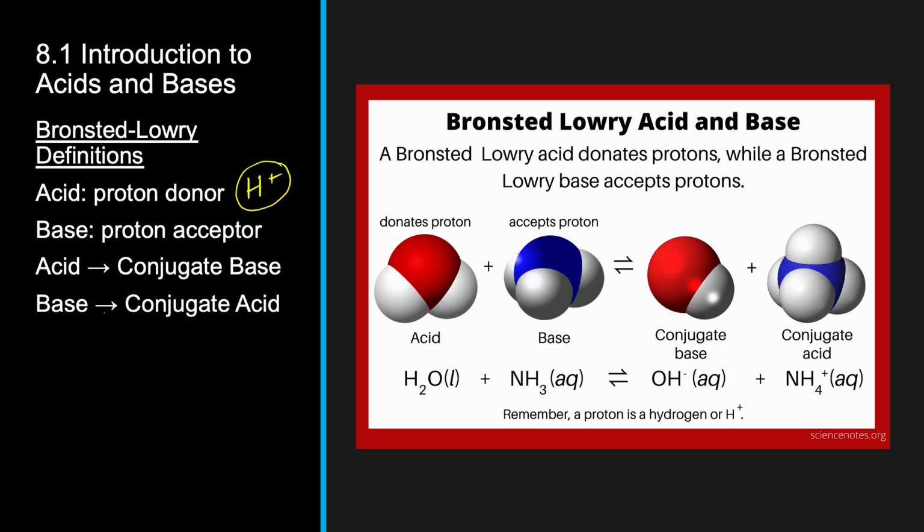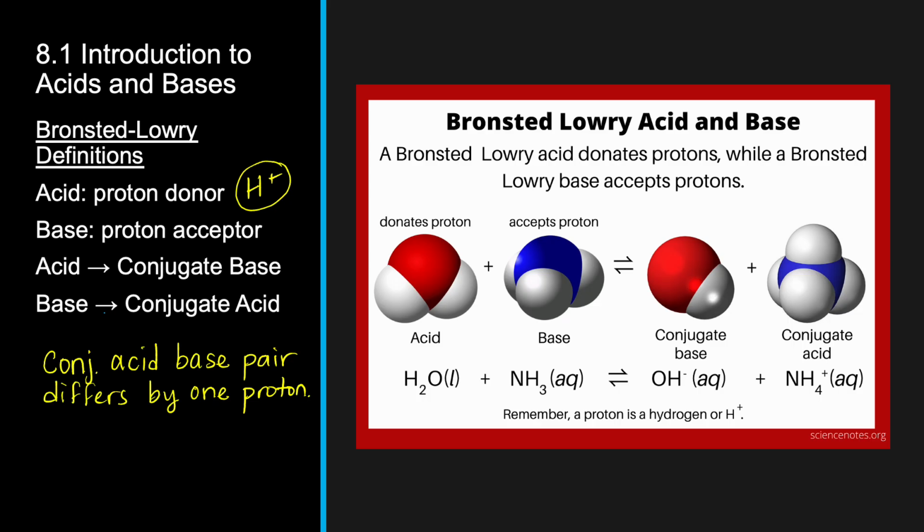Quick overview of conjugate acid-base pairs. Remember, if you were ever asked to write down a conjugate acid-base pair, you have two options. You can either write the acid and the conjugate base, or you can write the base and the conjugate acid. Remember, a conjugate acid-base pair is only going to differ by a proton, and that's the easiest way to identify which one is a pair.